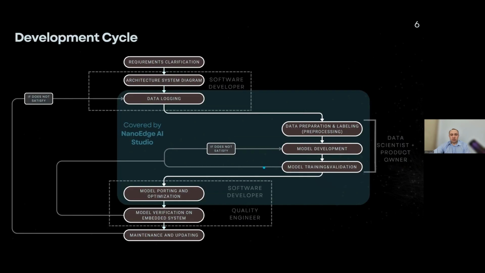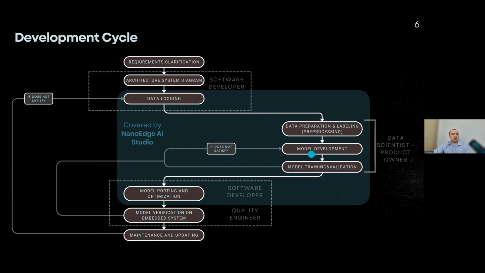If you look into the development life cycle of machine learning projects, just to recap super fast, we have classical things like requirement clarification and the architectural diagram that we want to build. We have data logging, and then after data logging is done, so we actually have the data to work with, we go to data mining and data processing, where a data scientist and product owner work together, trying to figure out how they can extract events, what actually happens from the data, and then they can label the data.